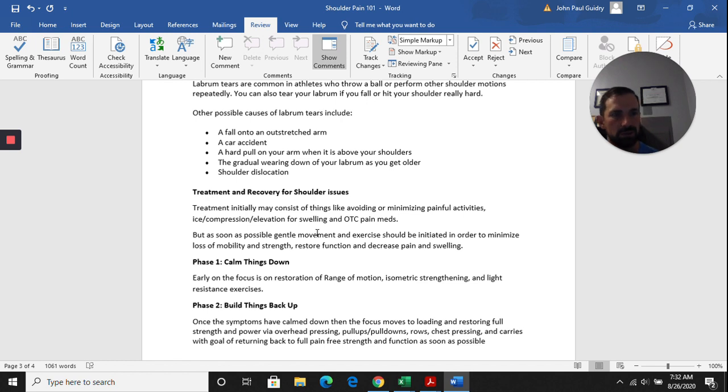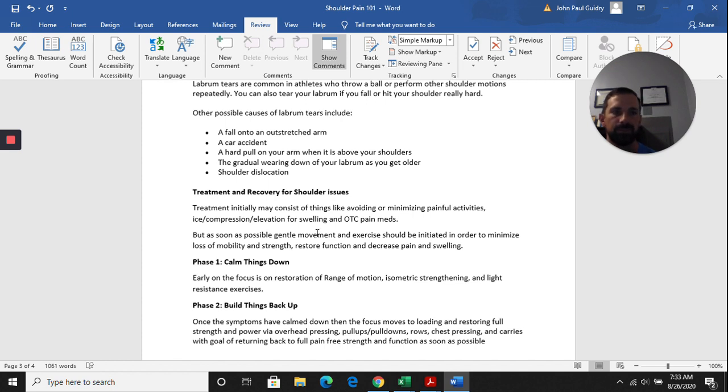Once things start feeling better, pain gets under control, then we want to progress back to higher level activity, returning to your normal activities as tolerable, return to more strength building activities, more movement based activities, so overhead pressing, overhead pulling, rowing, chest pressing, carries, while progressing more the isolatory type exercises and movements, but getting back to more of a full body exercise program as well, and then returning to full pain-free strength and function and normal activity as soon as possible.